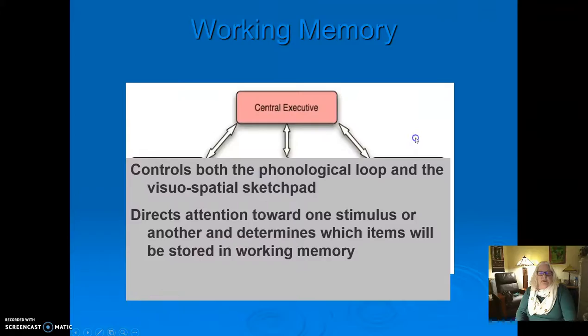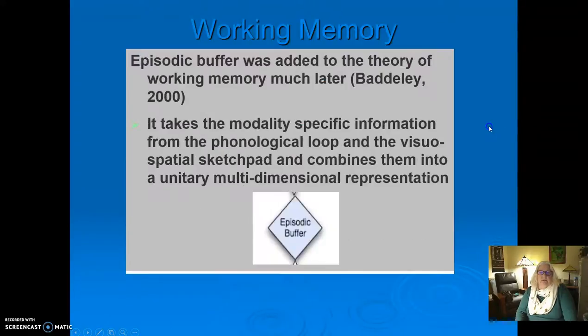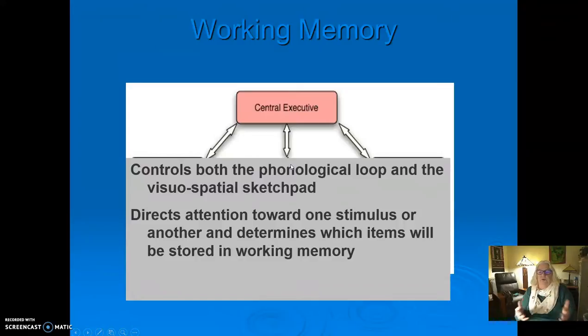That's on this side. If we do both visual and auditory, we've got both sides working, which may be helpful, as long as they don't conflict.